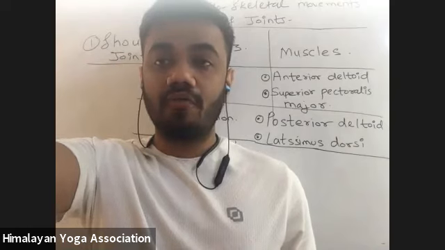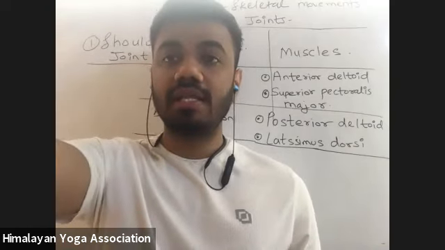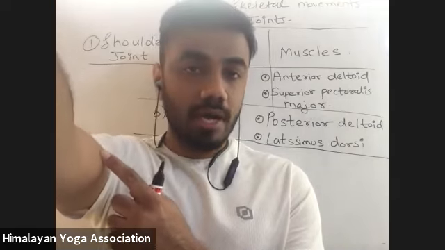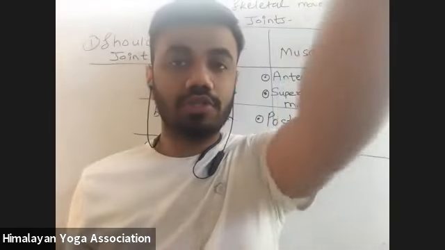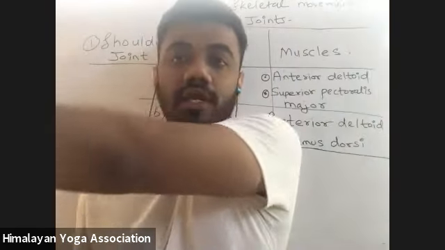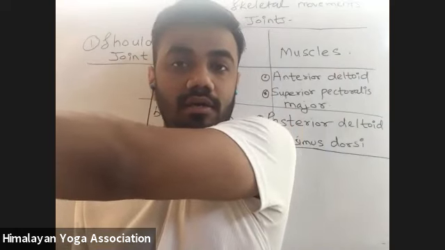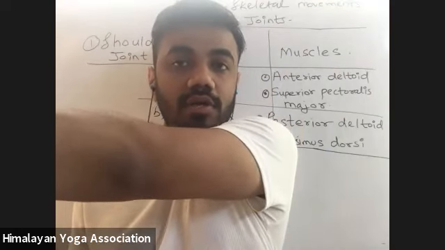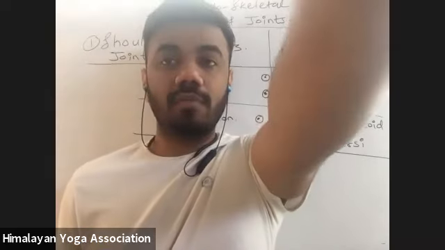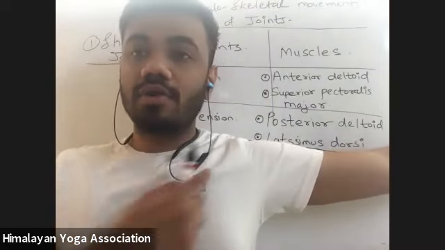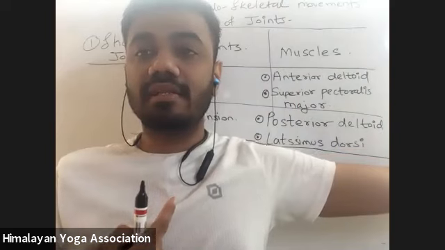That means from the center, in this neutral position of the arm, when we bring it inside, this is horizontal flexion, and when we bring it outside, this is horizontal extension.